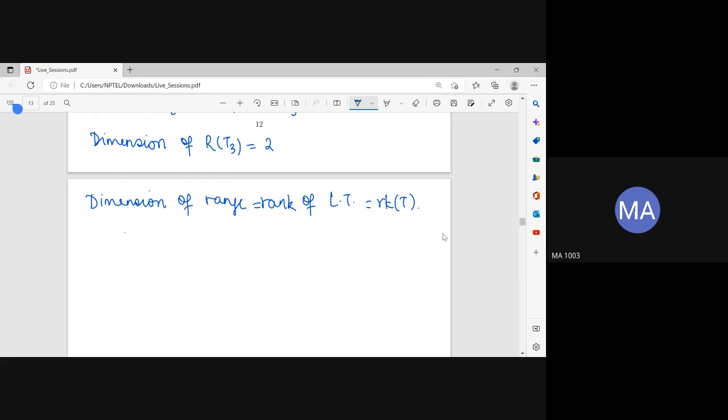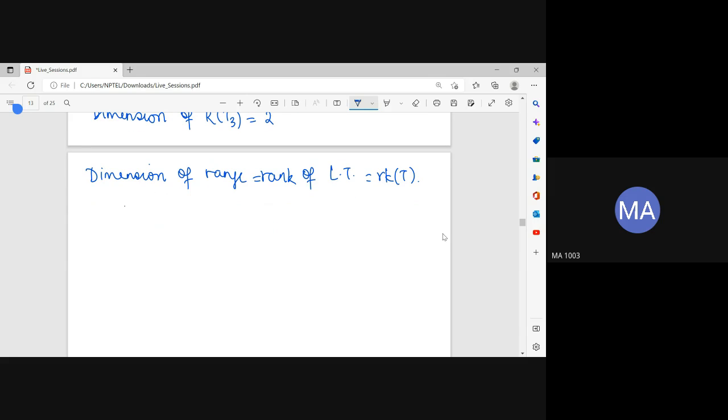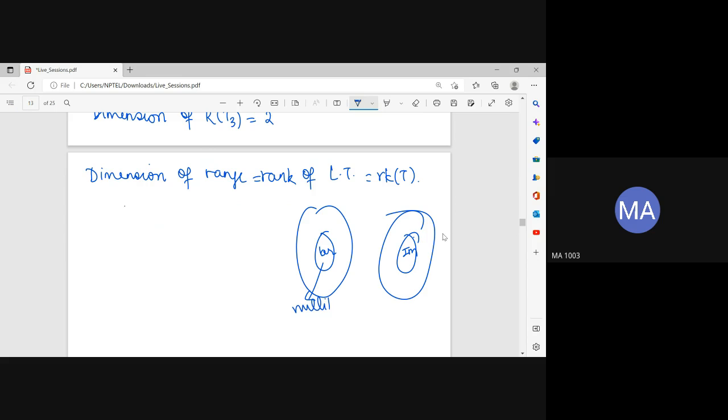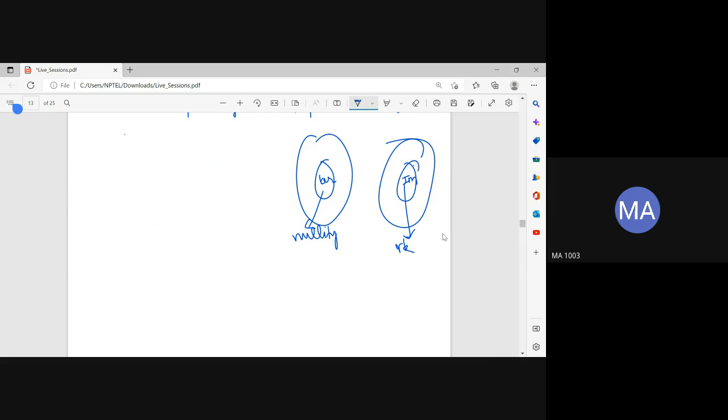The dimension of the range is called the rank of the linear transformation. What was nullity? Dimension of kernel. So you have the kernel and the image. The kernel's dimension is nullity, and the image's dimension is rank.